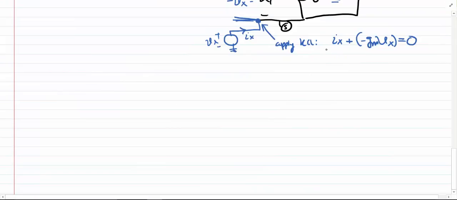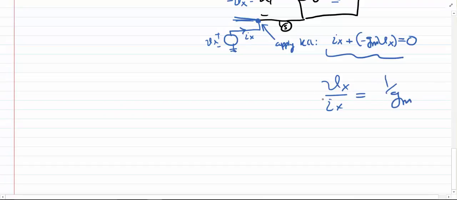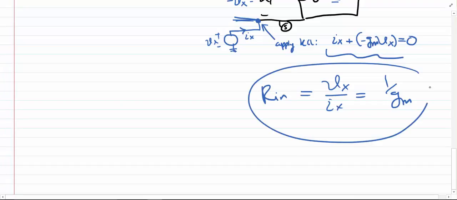Now if I rearrange this equation, I'll get Vx over Ix equal to 1 over gm, and that ratio is called the input impedance. So the input impedance of the common gate stage is 1 over gm.